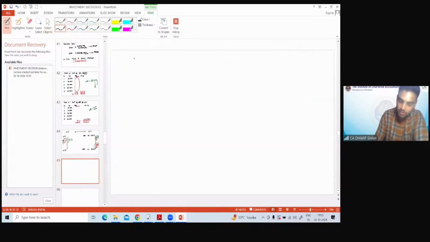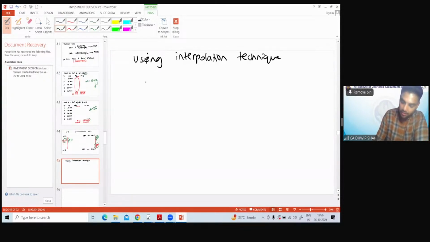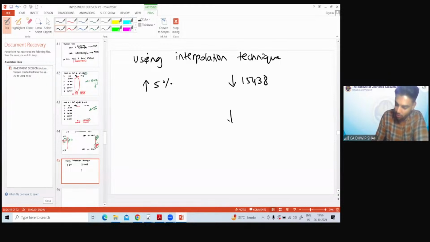As I said, use interpolation. Using the interpolation technique, if I increase my discounting rate by 5%, my NPV falls by 15,438, but I just want it to fall by 2,318 so that it reaches zero. So by how much percent should I increase this rate?